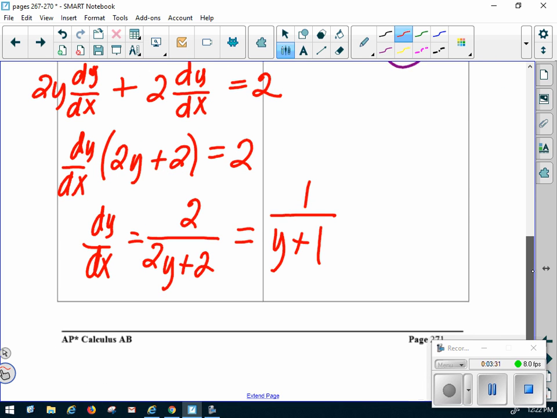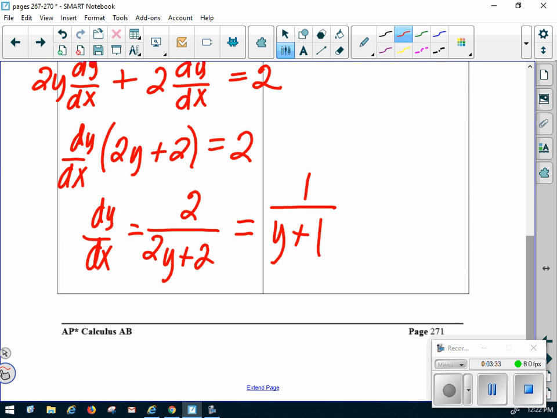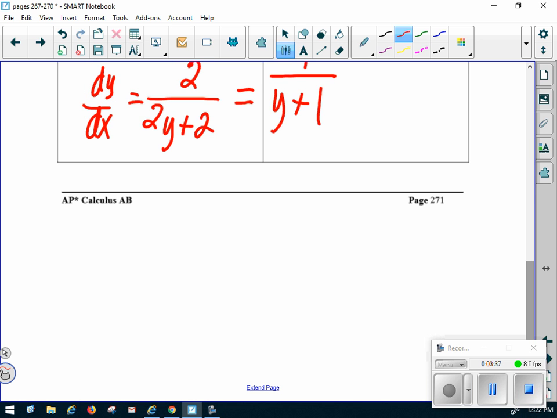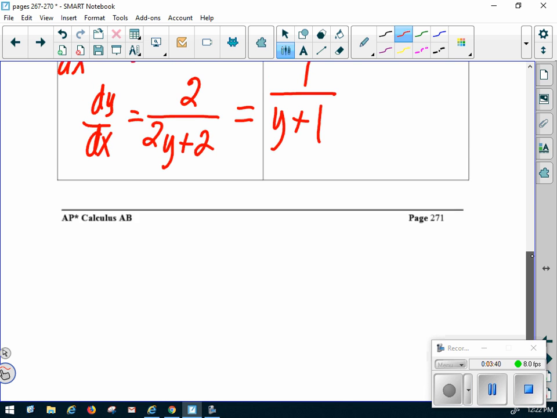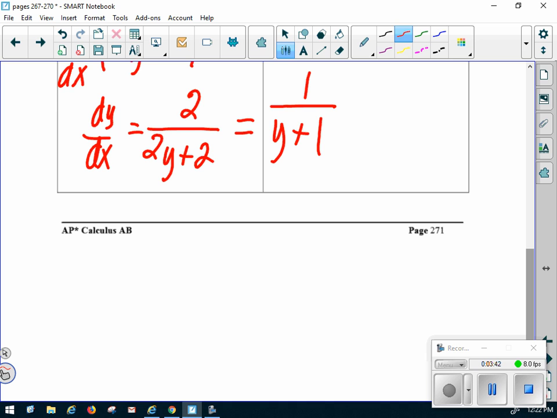Now I've got to find the derivative of that, correct? Like on the notes, what did he do? What the author did is he just rewrote this as y plus 1 to the negative 1 power.